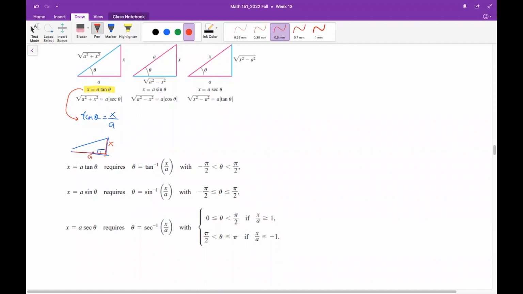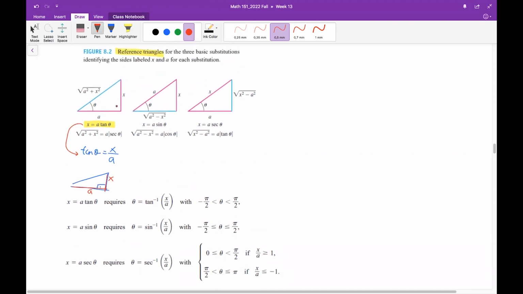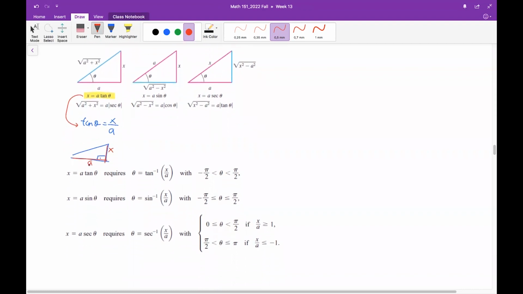So these two edges are used to obtain tangent theta. That's why these two are pink, because they are used here. And if you have x here, a here, then the hypotenuse will be, of course, the square root of a squared plus x squared. Okay, let's use another color for the hypotenuse because it is the result of what you have here.